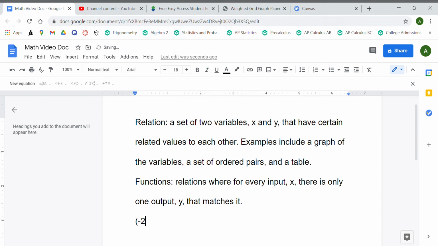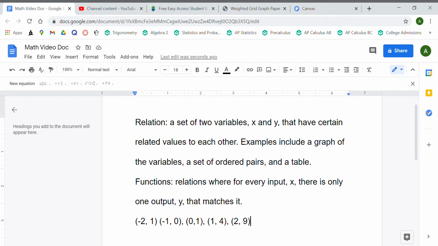So here's an example. We have this set of ordered pairs here: negative 2, 1; negative 1, 0; 0, 1; 1, 4; 2, 9. Is this a function?